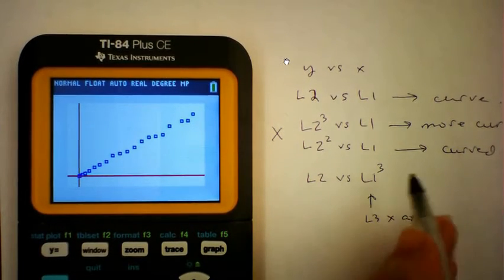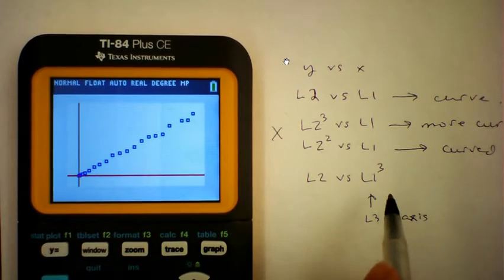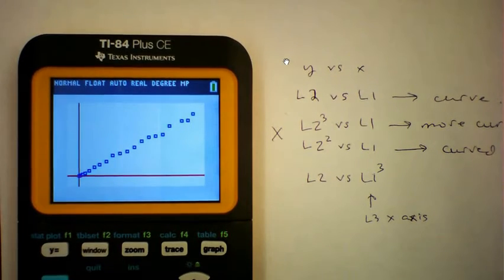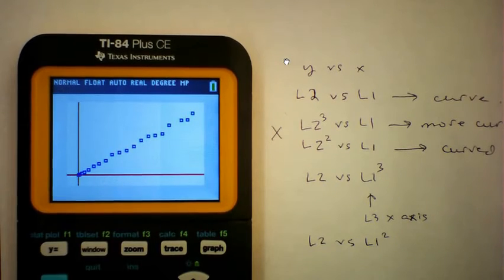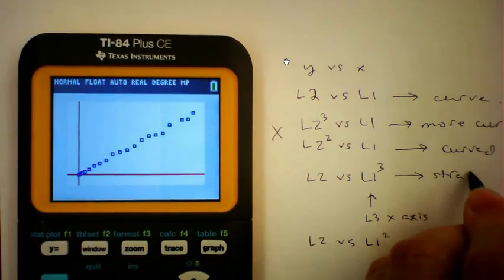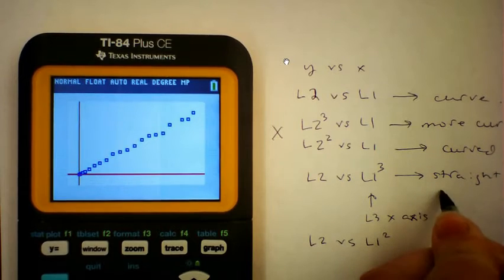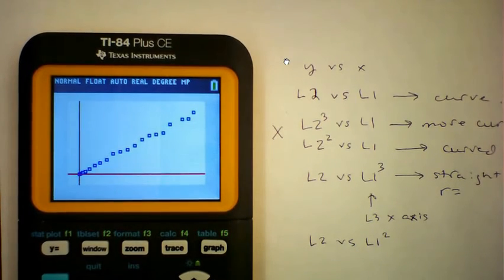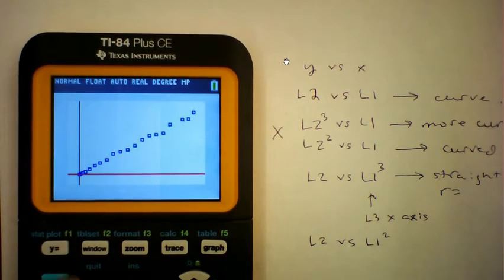I jumped right to the cube because I knew that this is going to end up being something to do with cube. If you had done this with L2 versus L1 squared, you would have seen it's not going to be quite as high of an R value as what we're going to get right now. But right now we see that it's straight just from overall appearance, but let's look at what the R value is. And so let's run that.